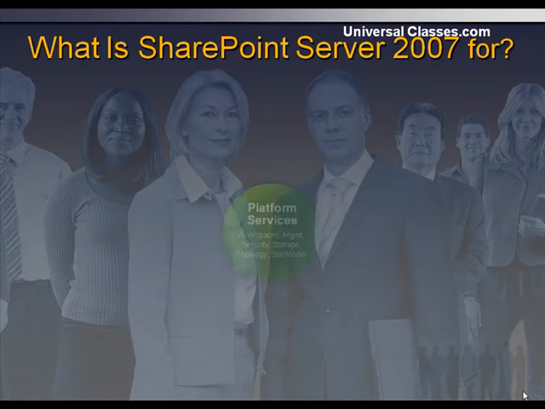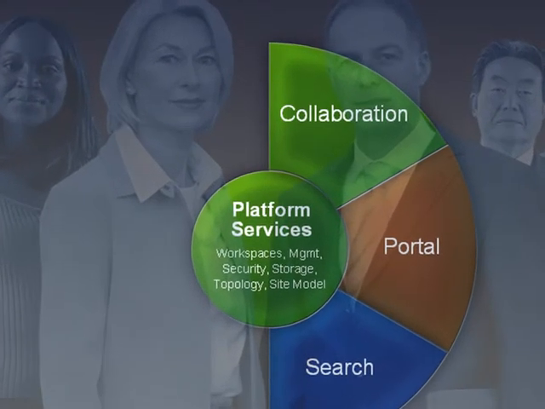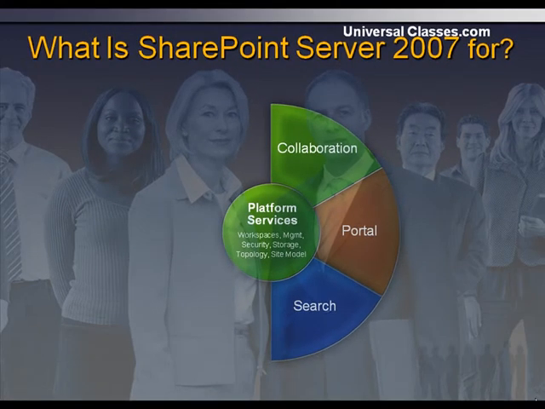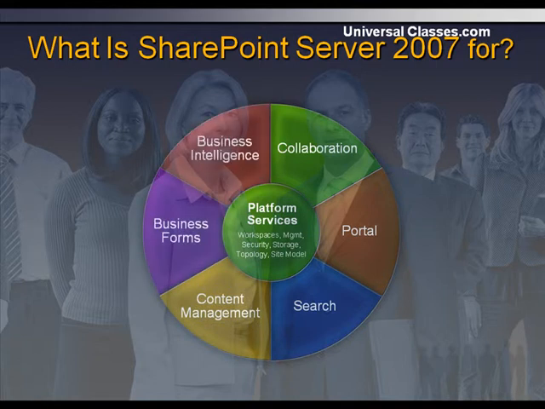What is Office SharePoint Server 2007 for? Microsoft Office SharePoint Server 2007 is a suite of server applications that can help improve organizational effectiveness by providing content management, document management and enterprise search, accelerating shared business processes, and facilitating information sharing across boundaries for better business insight.